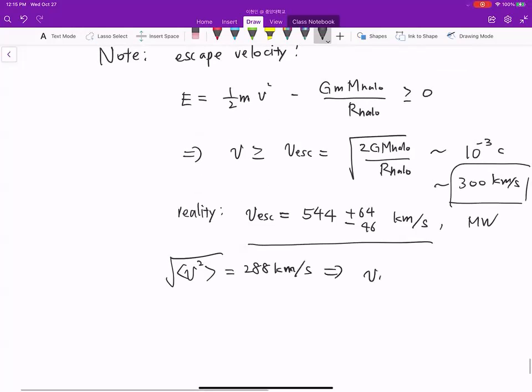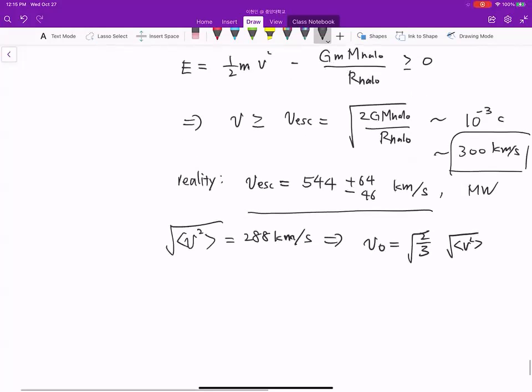From there, V0 appearing in the phase space distribution can be written in this way, which is 235 kilometers per second.